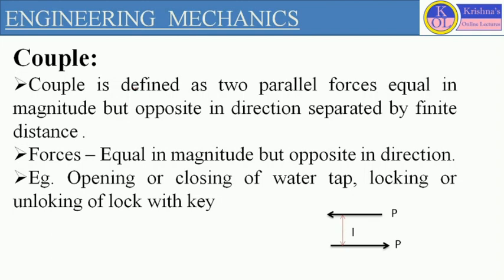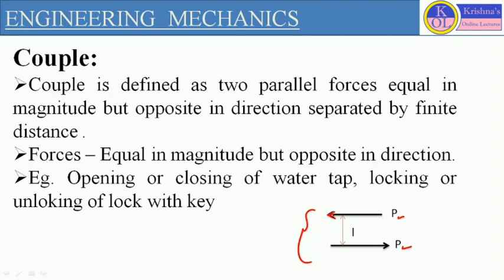If any particular body is subjected to two forces, but these forces should be parallel forces and equal in magnitude but opposite in direction, and those forces should be separated by a finite distance, it generally forms a couple. Here you can see this diagram, where we are considering two forces of equal magnitude, P. P is the magnitude of the force, and this arrow represents the direction of the forces.